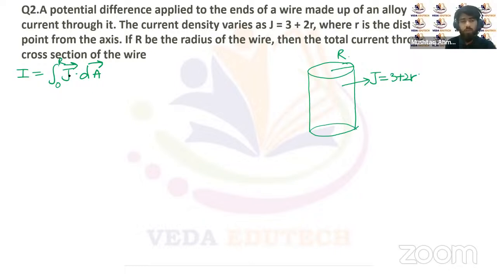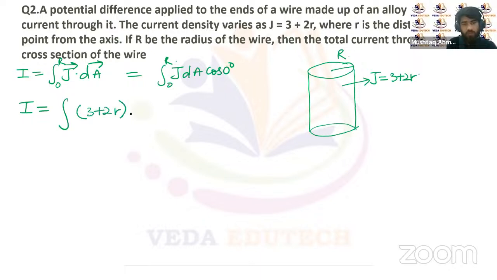It means the dot product between them will be J dA cos 0 degree, and cos 0 is 1. The limit is 0 to capital R, and this will be the total current. The current density as a function of r is given as 3 plus 2r, and the area element will be 2 pi r dr.